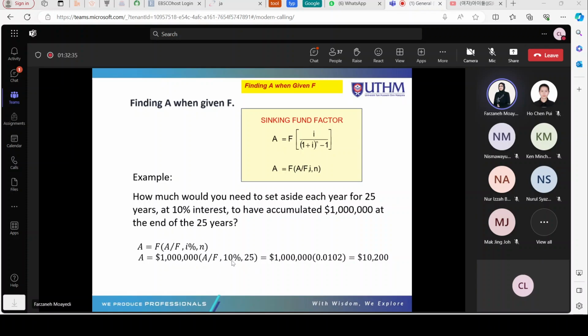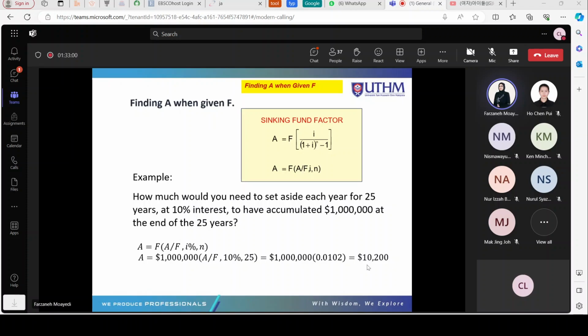So all you need to do, you go to the table of 10%, come down to the year 25, and then from the uniform series, you go and find the value under A/F, which is going to be this value, 0.012 times the 1 million. So it's going to be 10,200.